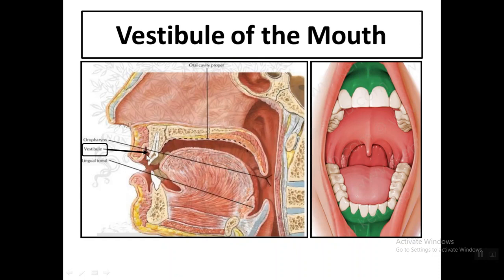Vestibule, this is a slit-like space extending in between the lips and cheeks, يعني تمتد ما بين الشفاه والخد, to the teeth and gum. It extends in between the lips and cheeks to the teeth and gum. It is a slit-like space.